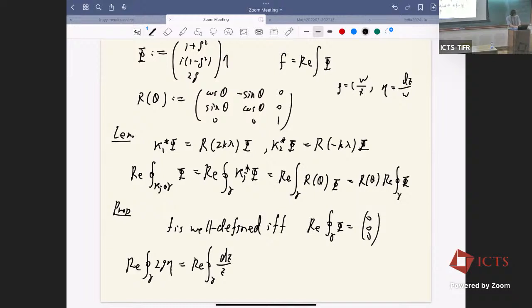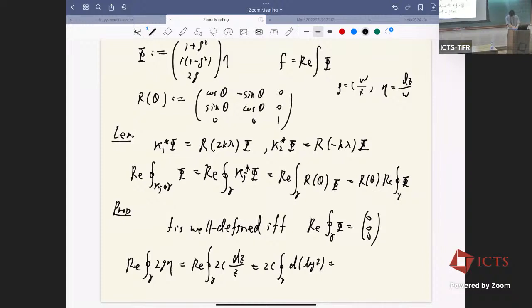So we have 2c here. Now we consider c as a real number. And 2c times dz over z is just 2c log z.